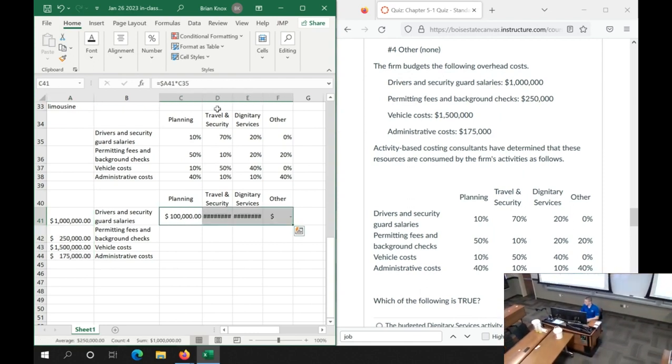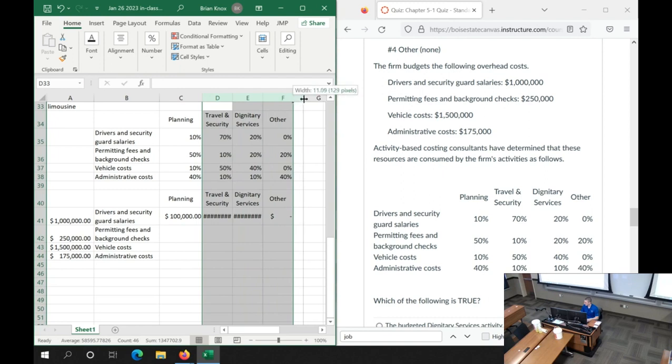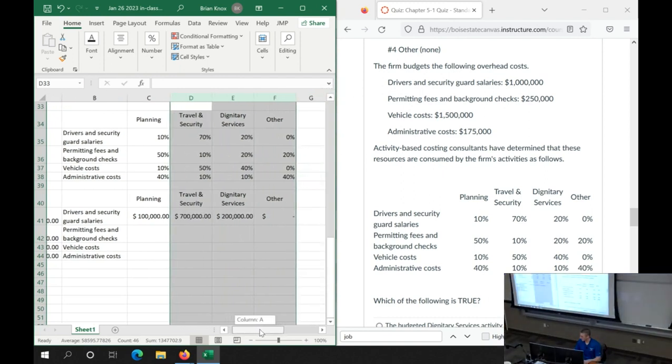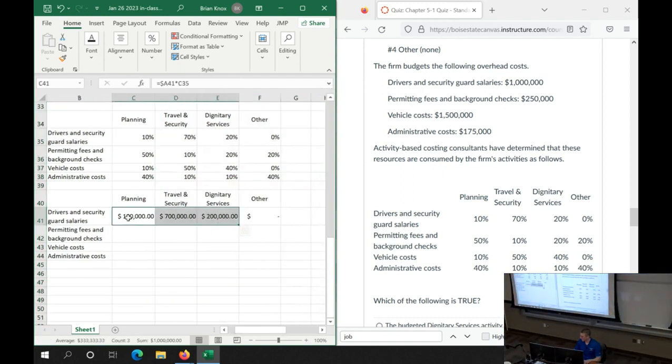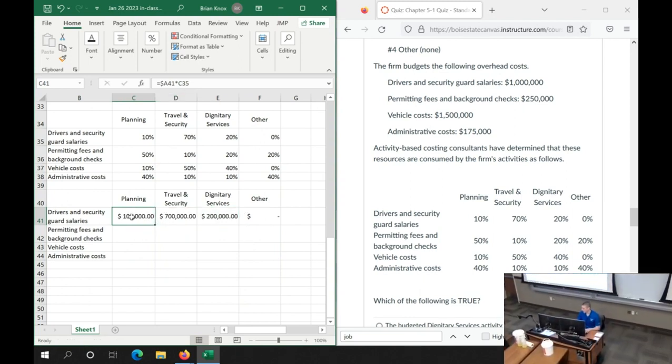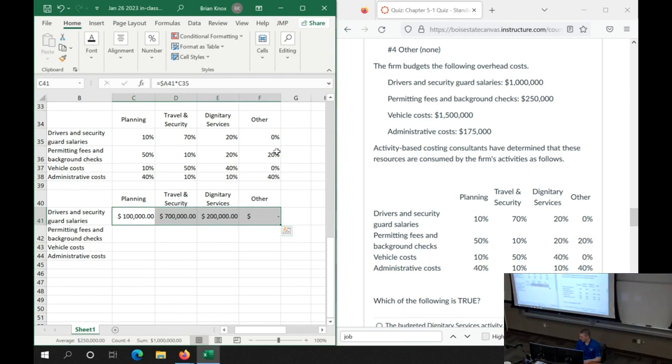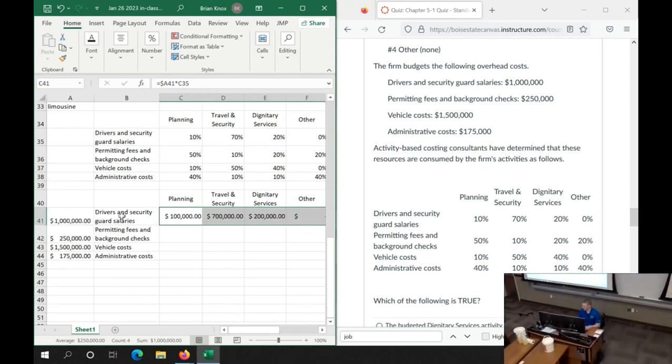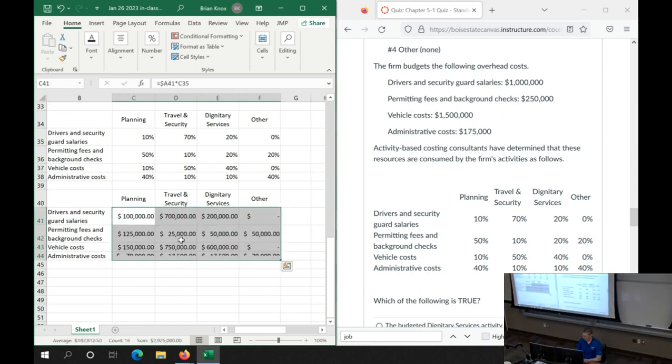Carry that over. Expand it as needed. Okay, and we have all $1 million between the four, I should say. There's none in here just because it's a 0%. Between the four, we've accounted for all $1 million of driver and security guard salaries. Okay, we'll do the same thing. Copy that table down to the other four rows.